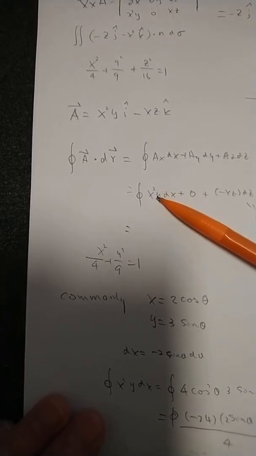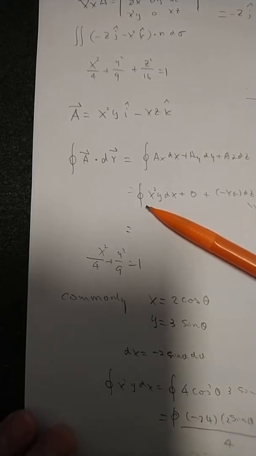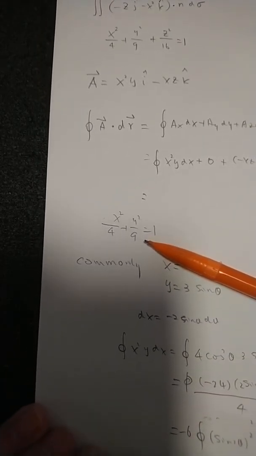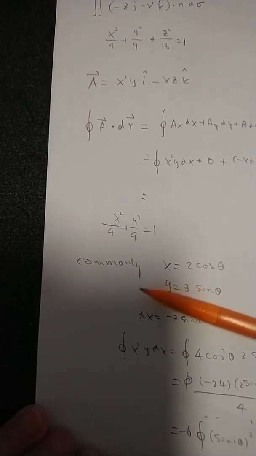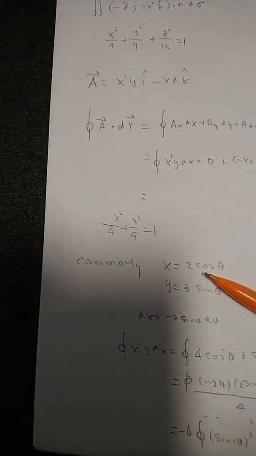Now, to do this integral, it's not easy because x and y are not independent. It's subject to this particular equation over here. Commonly, when you have equations like this, you need to convert them to polar coordinates.